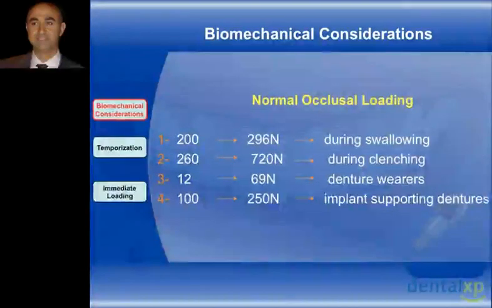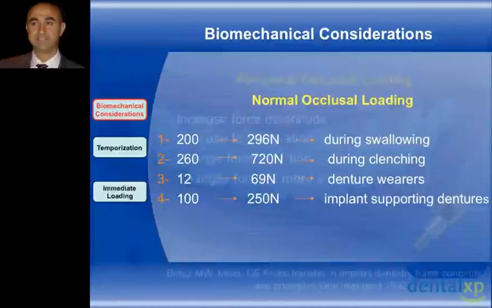You can see the difference between the figures from swallowing to clenching, and in patients who wear full complete dentures, the amount of occlusal load is reduced in comparison to implant supported dentures, which become higher, although not as high as in cases of full dentate patients.